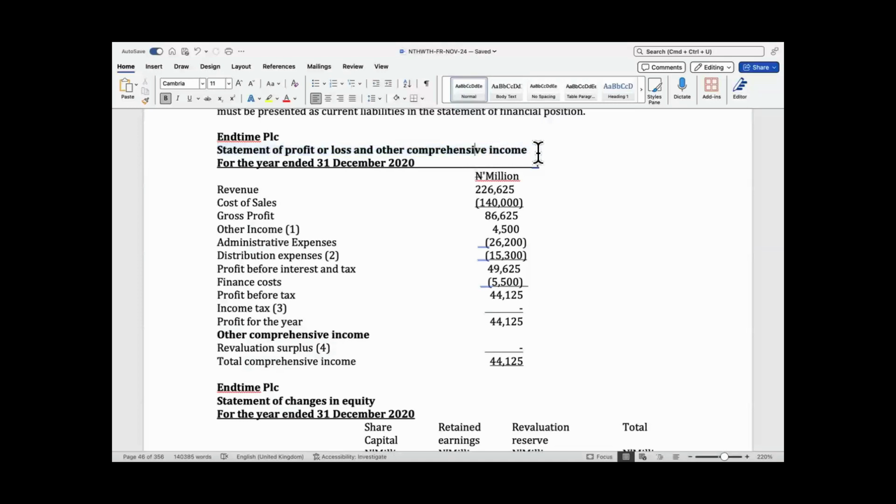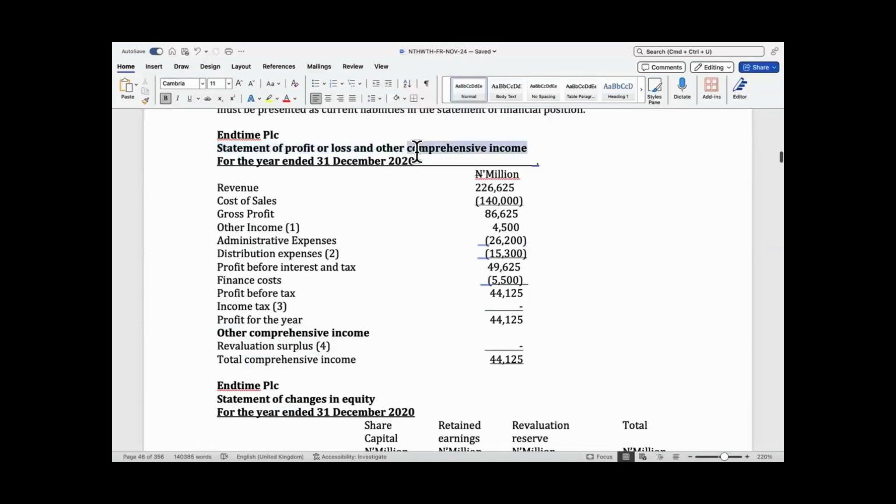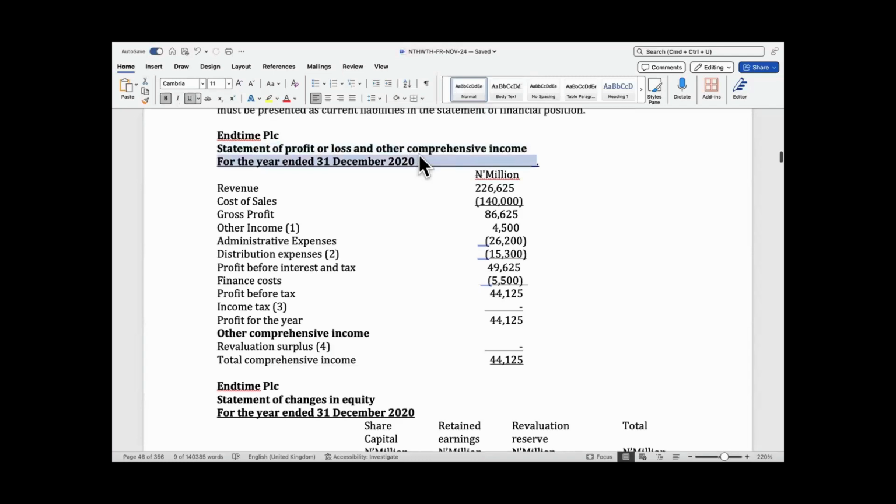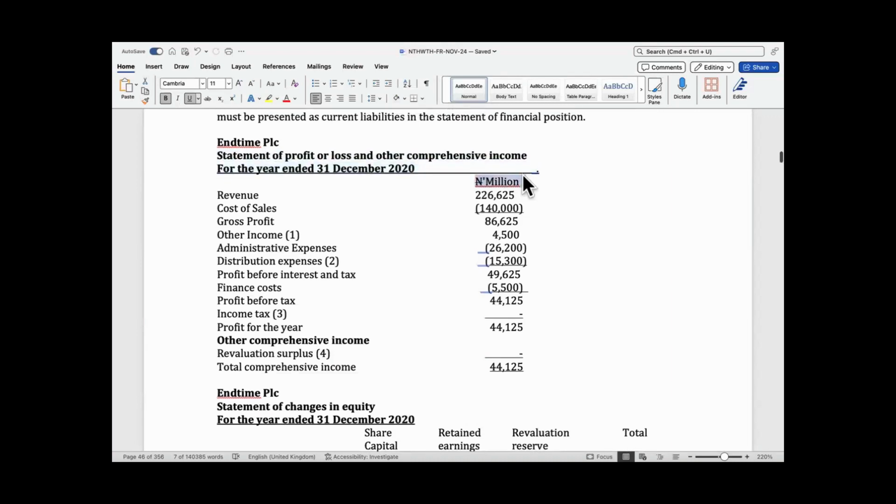You can also put it as statement of income if you wish. Then for the year ended 31st December 2020, and you will see my Naira and my level of rounding off. Don't joke with this, please. Put it there for them.